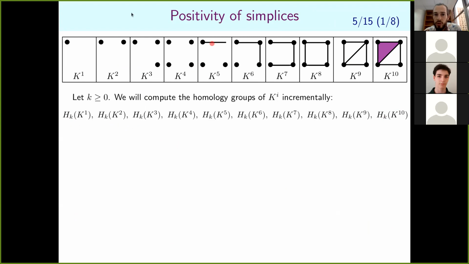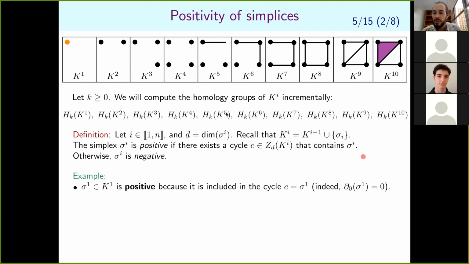And to do so, we need a notion that is called positivity. So consider an ordering of my simplices, and consider the corresponding sequence of simplicial complexes. Pick any integer, i. Consider the ith simplicial complex in my sequence.